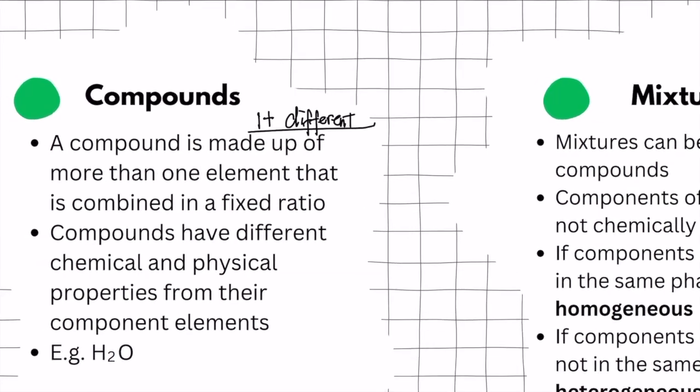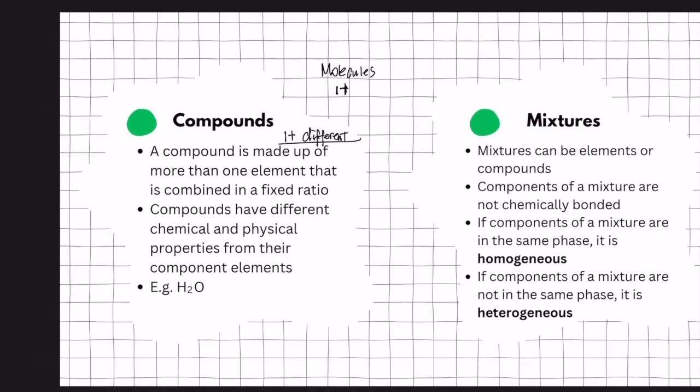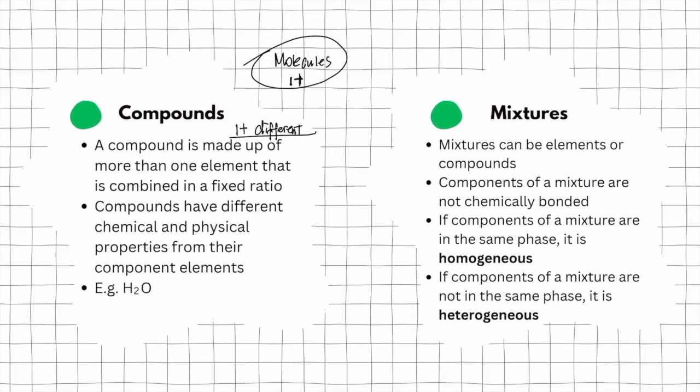This is the key difference. Molecules are made up of one or more atoms. Here it doesn't necessarily need to be different, but for compounds it has to be. So that's really the key difference.